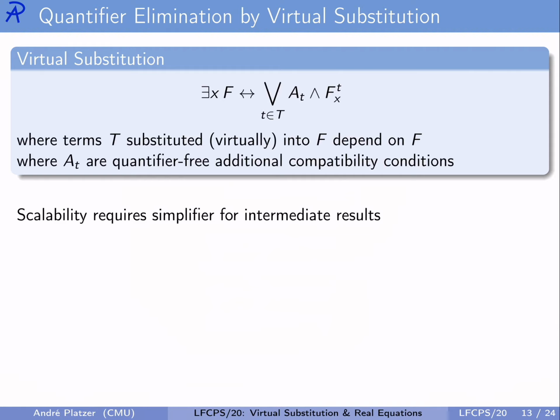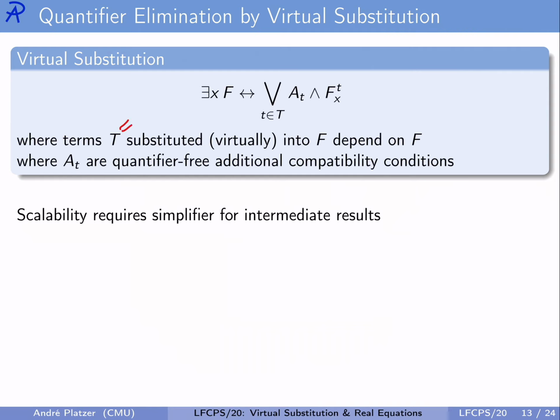So let's do it. We eliminate quantifiers by virtual substitution, basically by saying there is an x such that f is equivalent to putting a number of concrete terms from some set T into the formula and maybe conjoining some extra quantifier-free additional compatibility conditions. So one thing is clear.